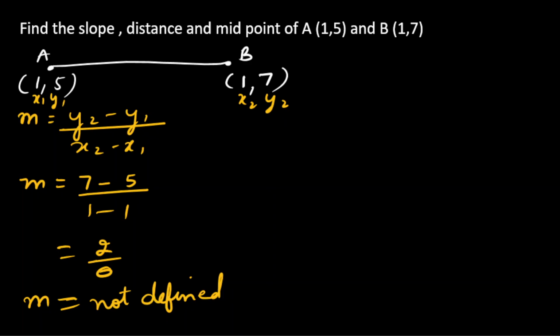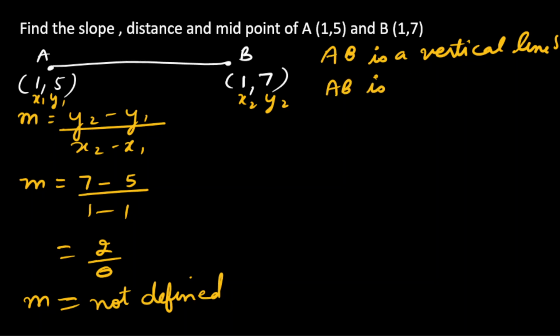We have learned in the introduction, if the slope is not defined, that means line segment AB is a vertical line segment. So that means AB is parallel to the y-axis.